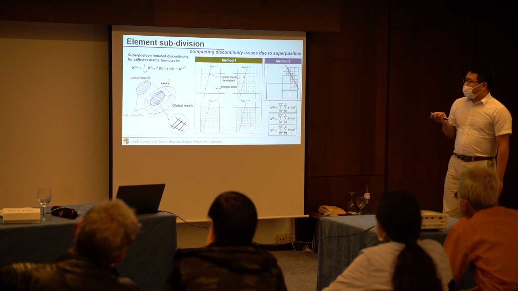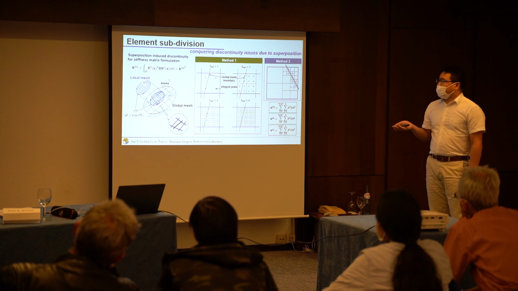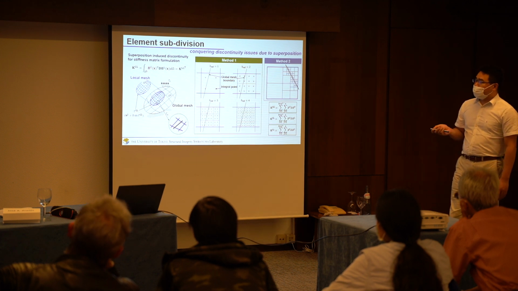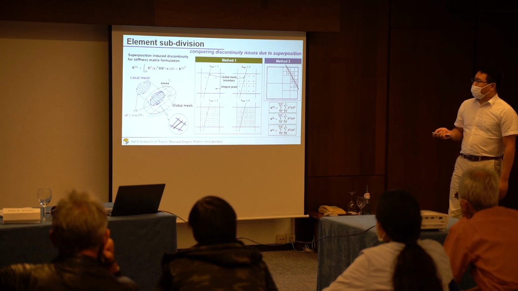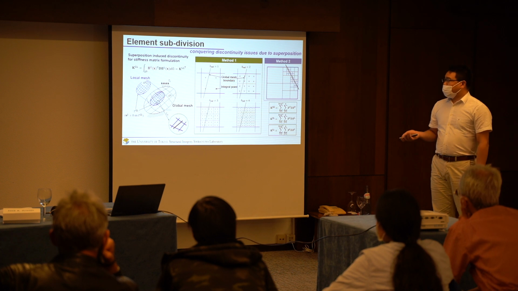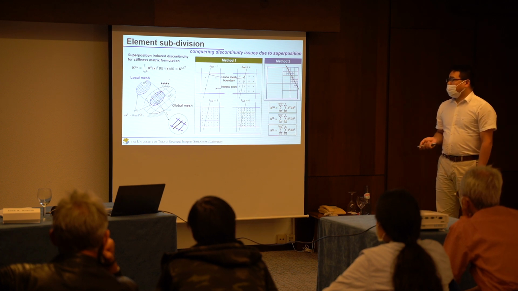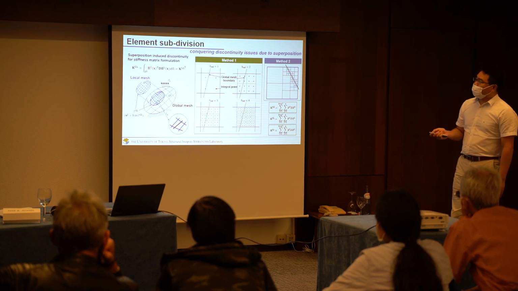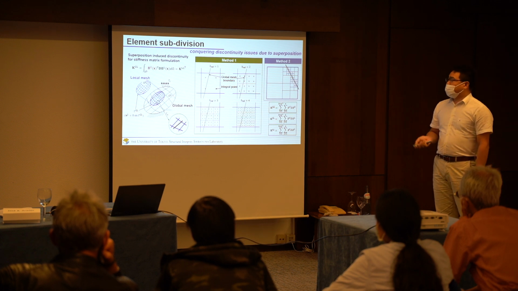In the conventional finite element method, the integration assumes the continuity of the element. However, for the superposition finite element method, the local elements present discontinuity due to the superposition. How to solve this problem, or how to improve the accuracy of the stiffness matrix?